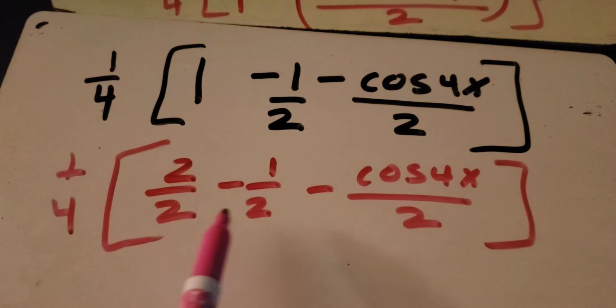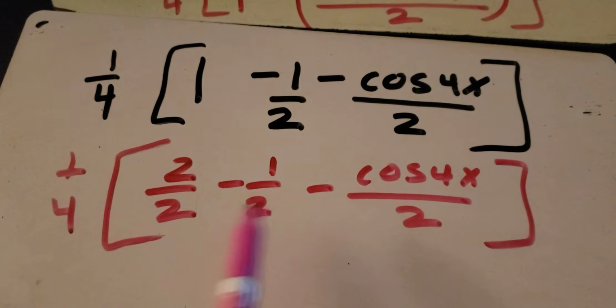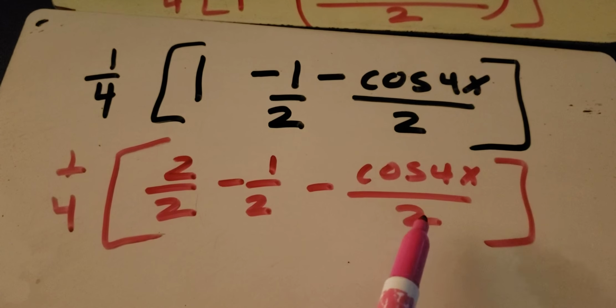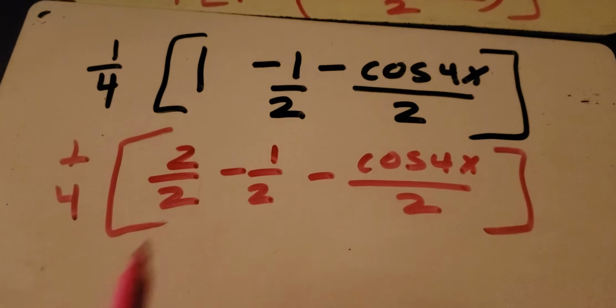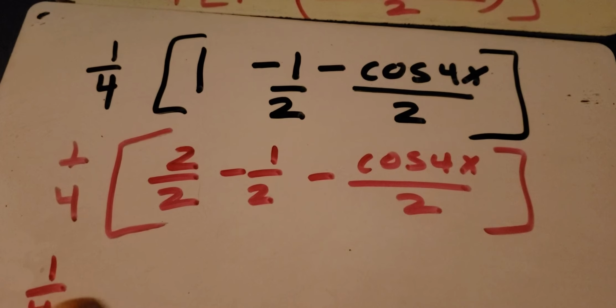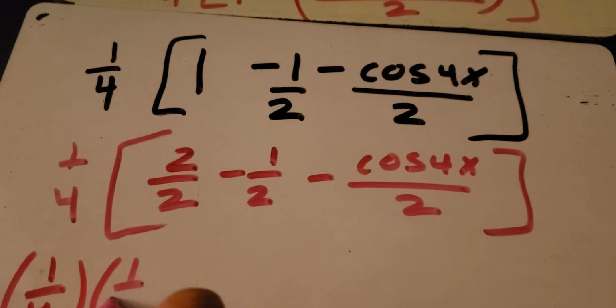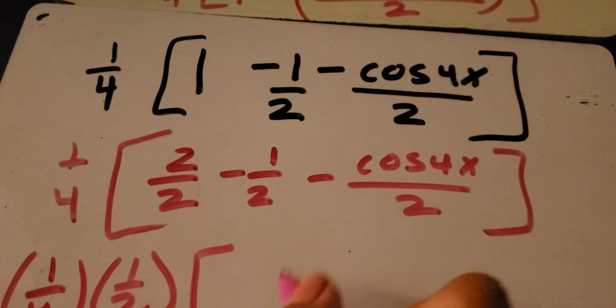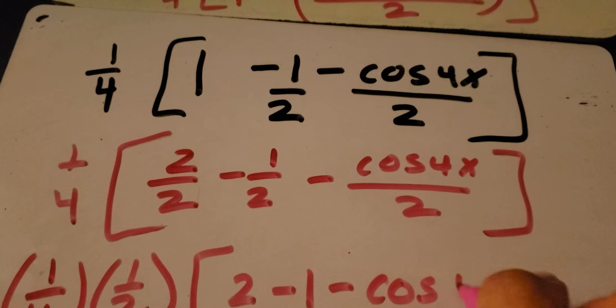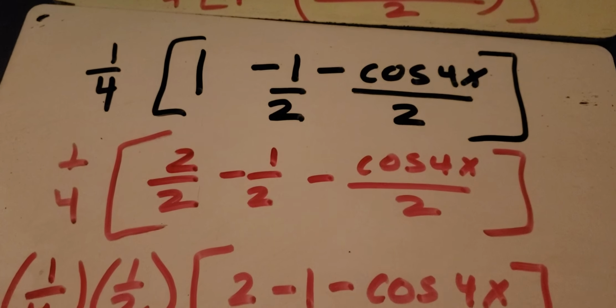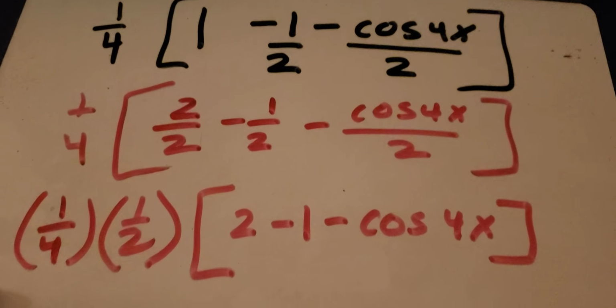So now if you notice, they all have a denominator of 2. So what I can do is I can pull out 1/2 as well. So what I would have now is 1/4 and then 1/2. And then basically now I have 2 minus 1 minus cosine of 4x, okay? Because I pulled out that 1/2.